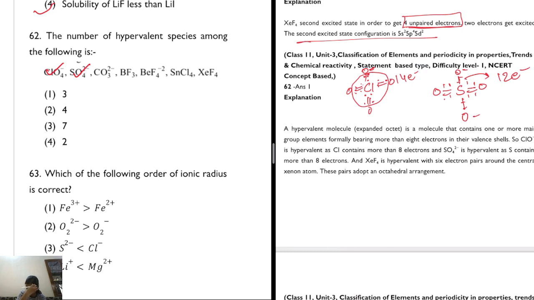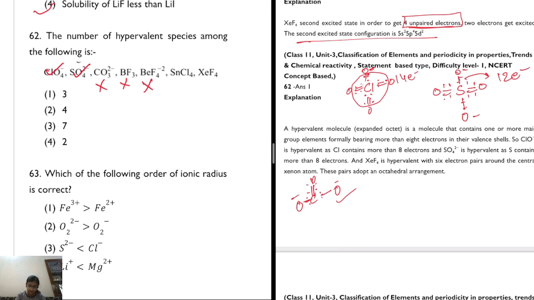For CO3 2 negative, 1, 2, 3, 4, 5, 6, 7, 8. Okay, so it has 8 electrons. That is, it is not hypervalent. For BF3, we all know it is an electron deficient species. It has only 6 electrons.